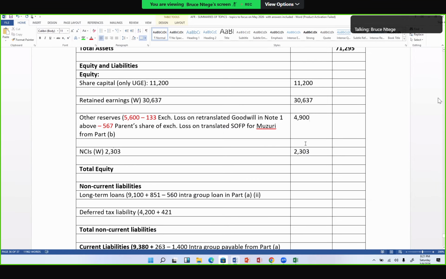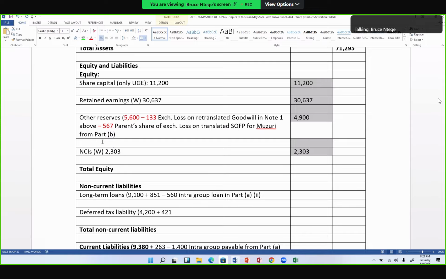So also this, you've done it. So you're getting your total equity in terms of that. Okay, so I have a 11200, then plus a 30637. Okay, then plus 4900.